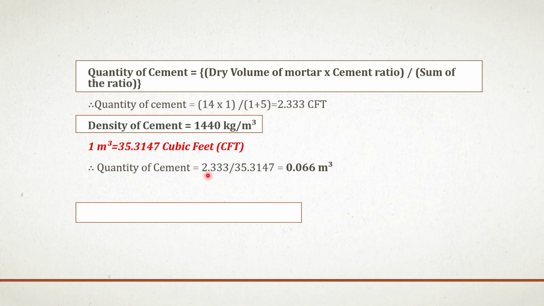Therefore, quantity of cement equals 2.333 divided by 35.3147, which equals 0.066 cubic meter. Now if you multiply this value with density of cement, then you will get the weight of the cement. Therefore, weight of cement equals 1440 multiplied by 0.066, which equals 95.04 kg.